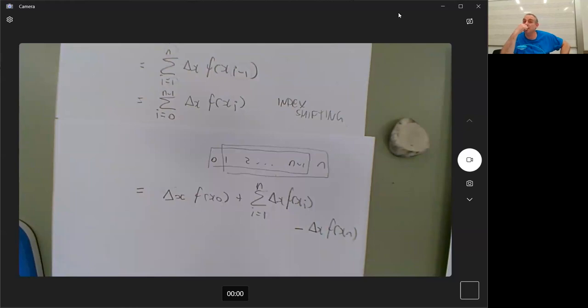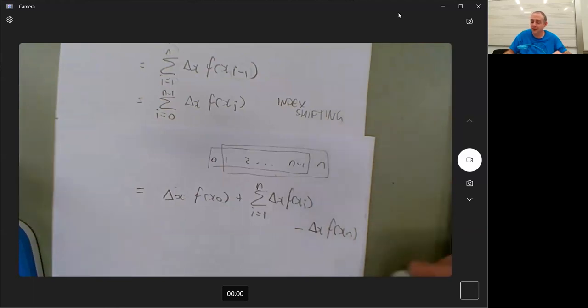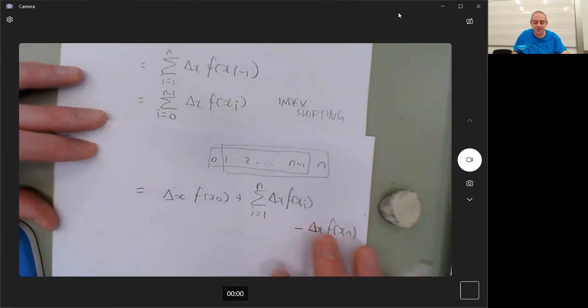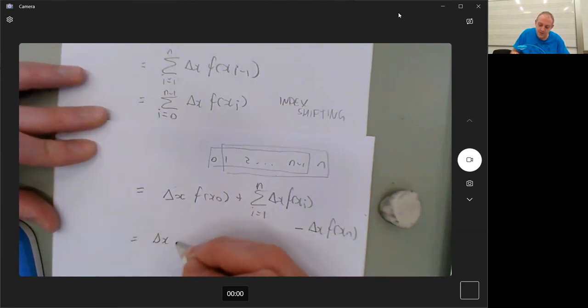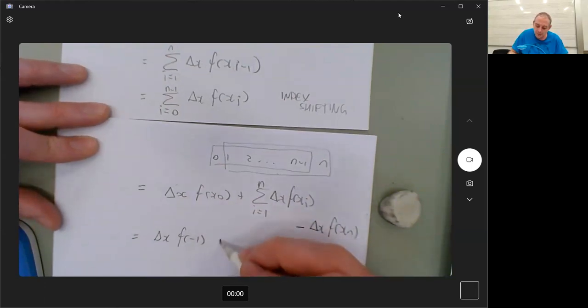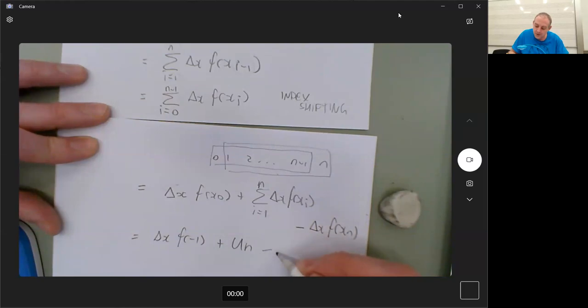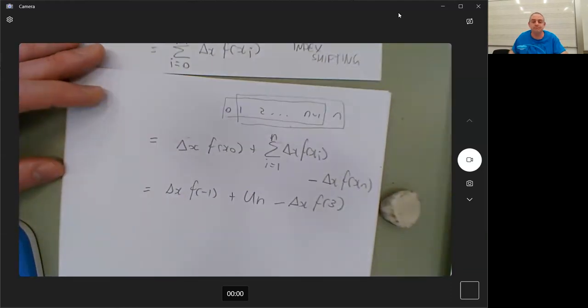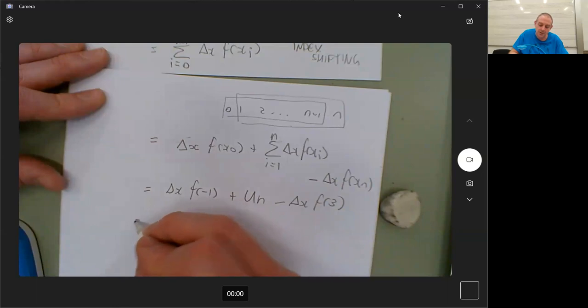There's more than one way of doing this. In fact, I may have a better way of doing it. Oh, this is fun. Just wait. I have an alternative. You can do it this way and get delta x times f of minus 1, because that's what x0 is, plus Un minus delta x times f of 3, because that's what the other end is. And we know what this answer is.